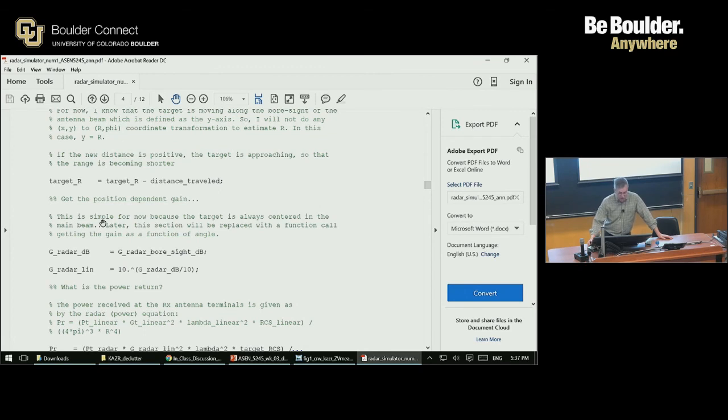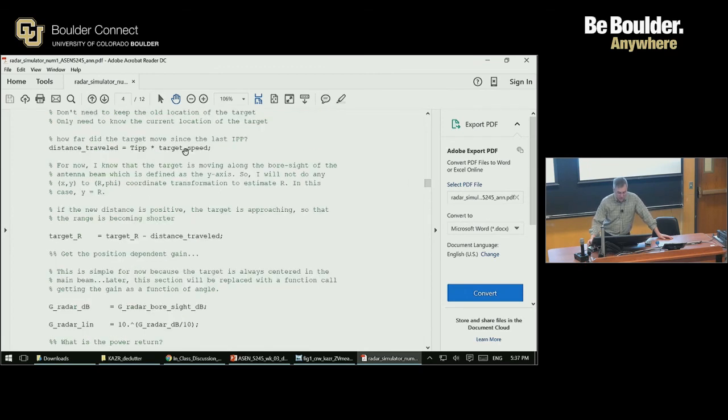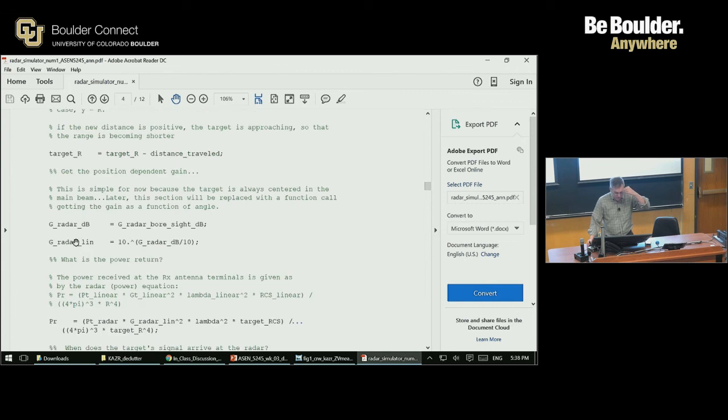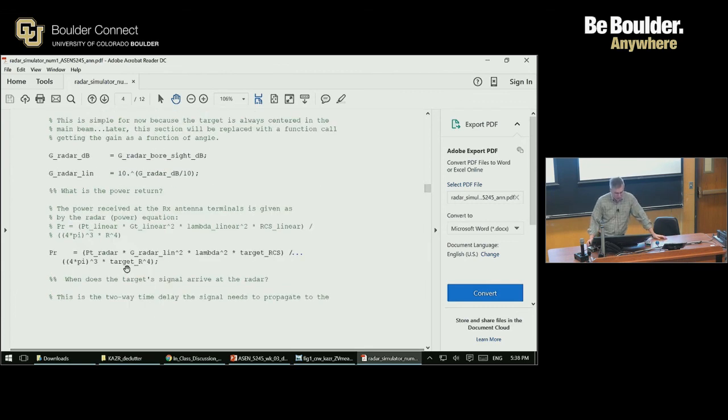Before transmitting a pulse, the target moved a little bit. So the distance traveled in one IPP is the target speed times the IPP. Since I know the target's coming straight down, I didn't have to do any trig. This is the new target range. That's used in the radar equation to get PR.